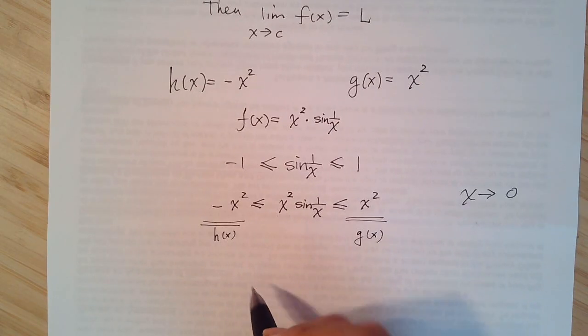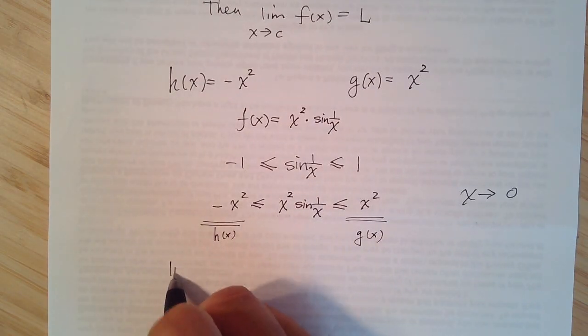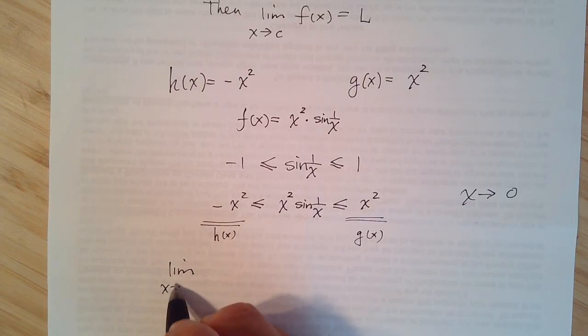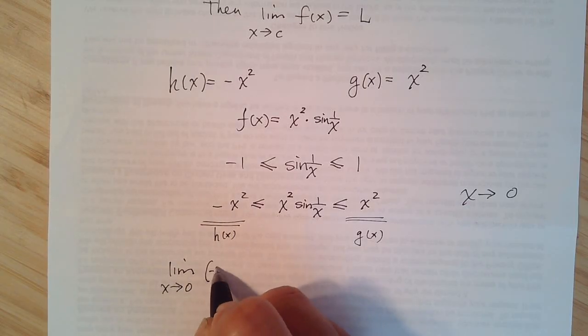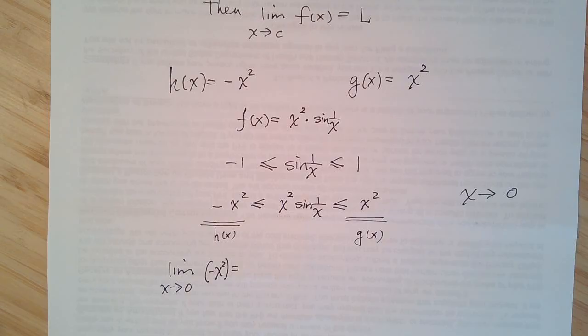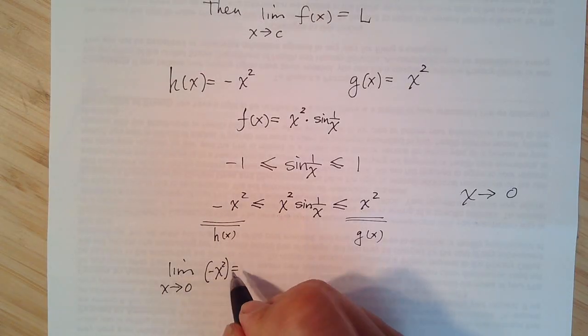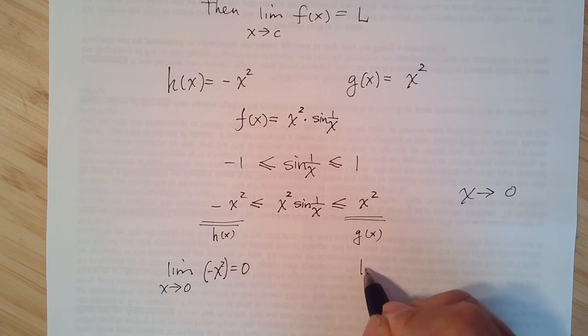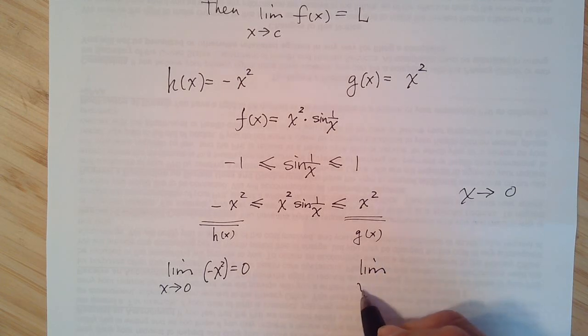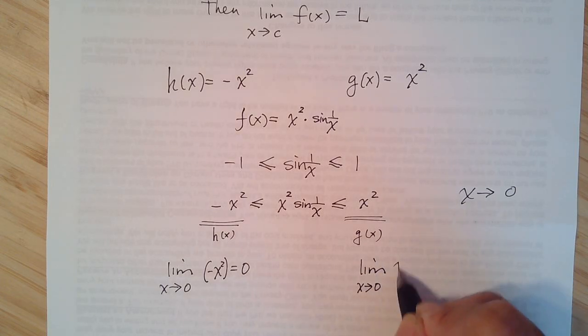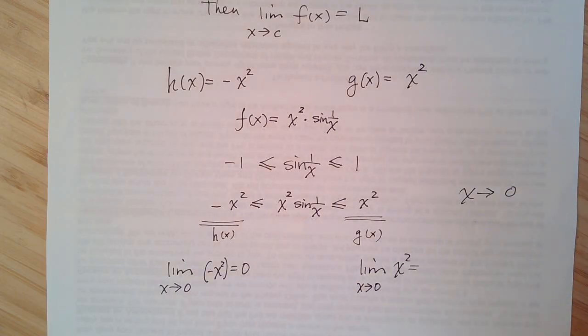Now let's see. The limit as x approaches 0 of negative x squared: this is a polynomial, so we just directly substitute and get 0. And the limit as x approaches 0 of x squared is also 0.